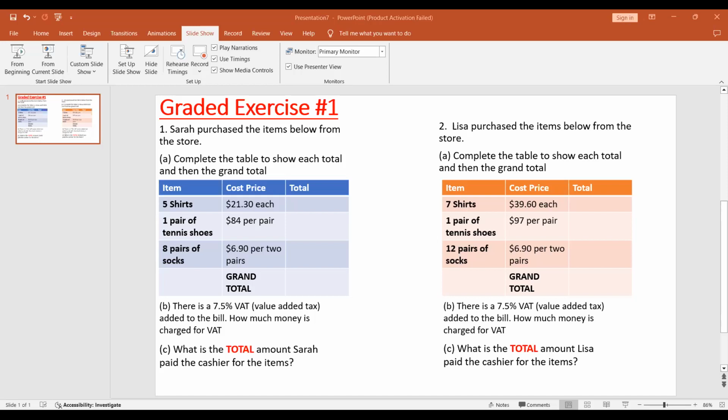Excuse me, Mr. Petit. I don't understand 1A, this is 8 pairs of socks and the $6.90. What do you mean you don't understand? You couldn't say you don't understand, because I asked numerous times how many persons understand. I just know I didn't, but it just doesn't come clear.